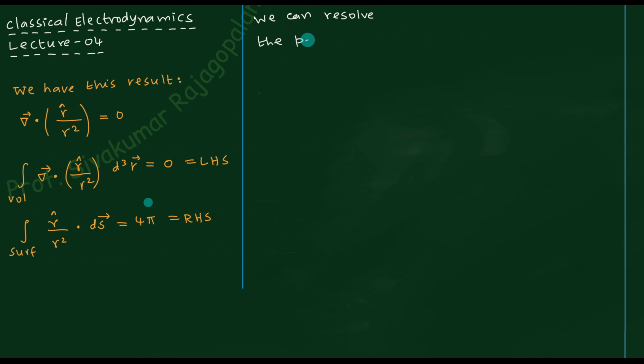It is quite simple. Let us write down the divergence expression. The divergence of r cap divided by r square will be equal to 4 pi times delta cube of r. The point to be noted is that this delta cube of r is basically the 3-dimensional Dirac delta function.